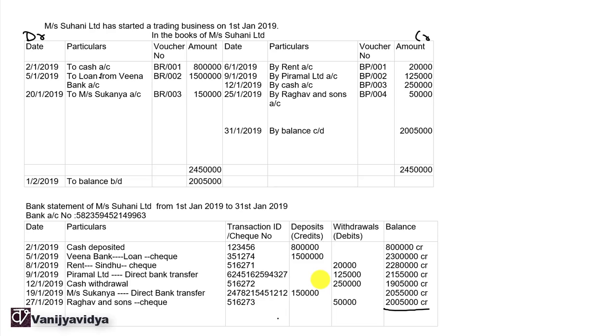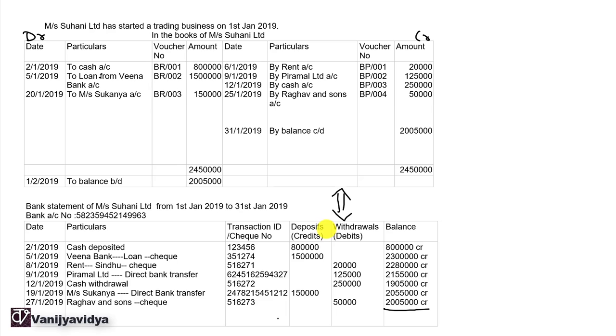There will be some transactions which are recorded in the books, but they are not recorded in the bank statement or vice versa. In that case, we need to prepare a bank reconciliation statement wherein you will be bridging a gap of balance between your bank statement and a bank account.